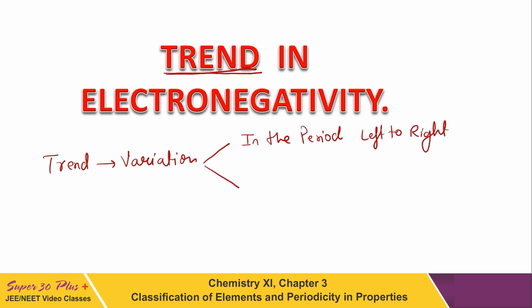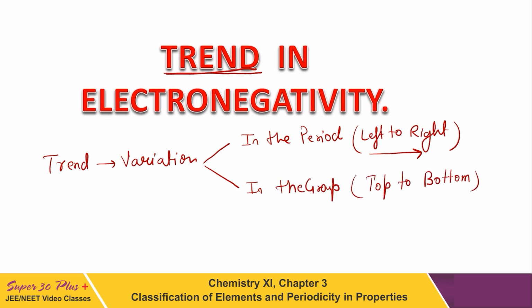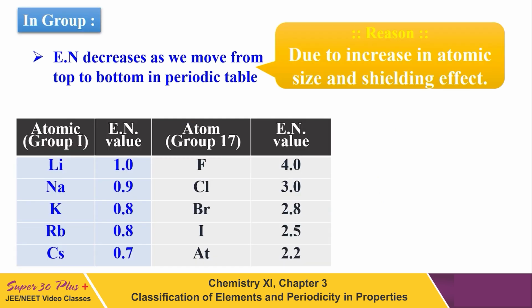Number 1, in the period we see the variation left to right, and in the group we see the variation top to bottom. So now we shall see the trend in electronegativity. Here is the trend in the group. Students, in the group, electronegativity decreases as we move from top to bottom.